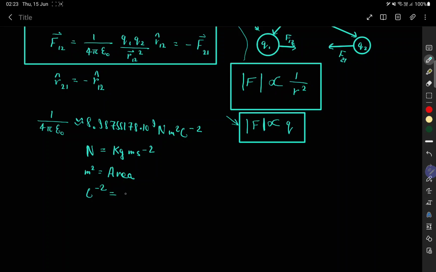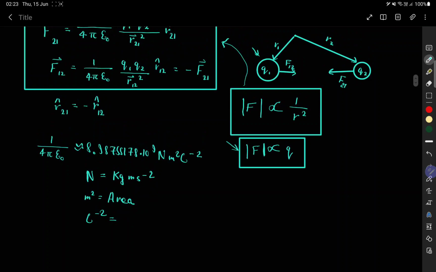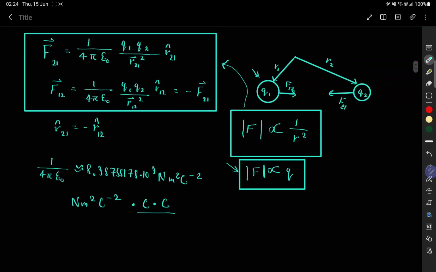I hope that is pretty clear why that is, because that makes sense with the unit of the equation itself as well, and I'll just show that it does. We have newton meter squared per Coulomb squared, and we have Coulomb into Coulomb because of the Q1 and Q2, and we have R12 squared, which is meters squared, right?